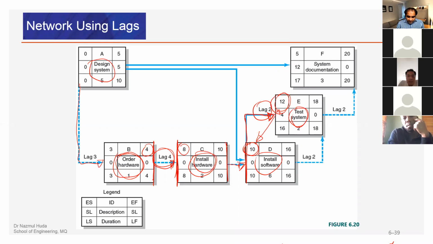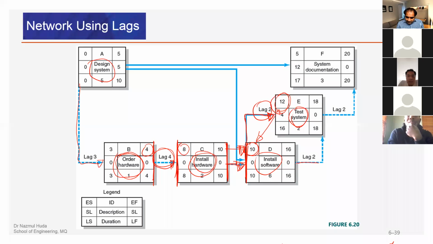So from finish to finish, there is a lag of 0. That means there is no lag. We must start straight away as soon as this one finishes, so from finish to start.